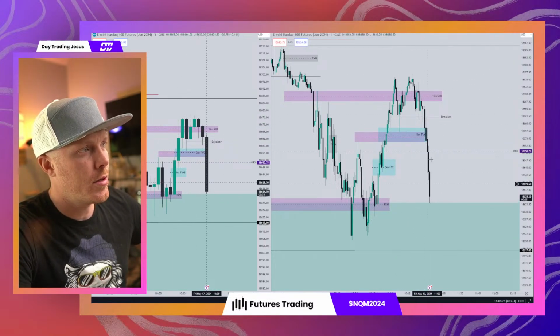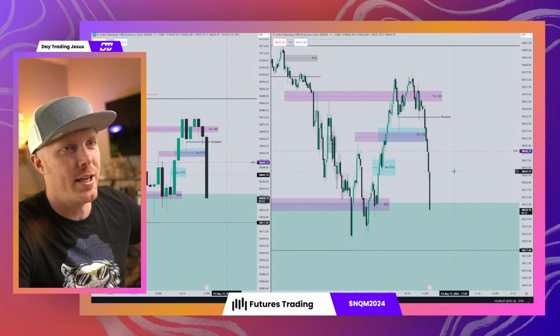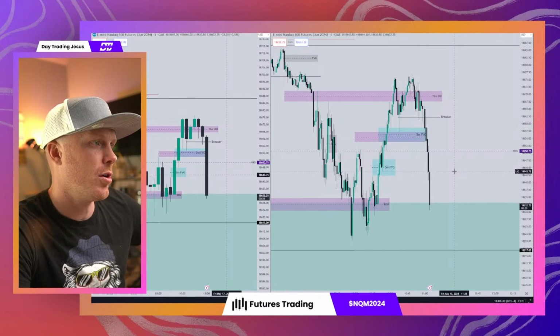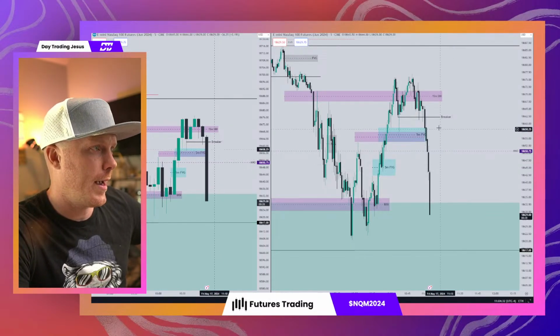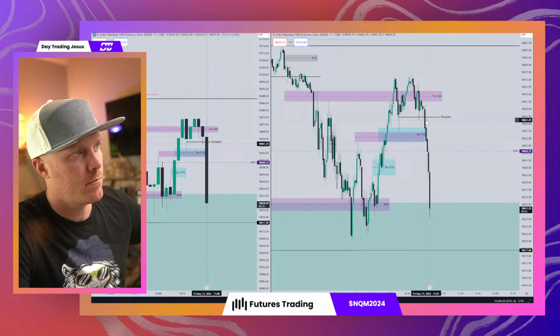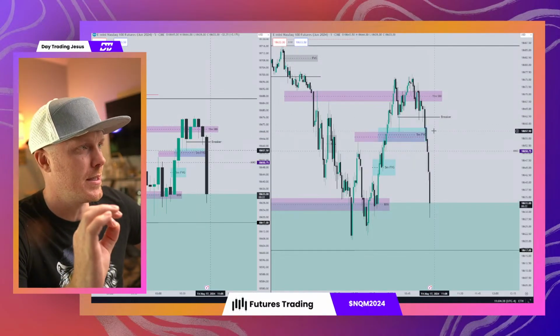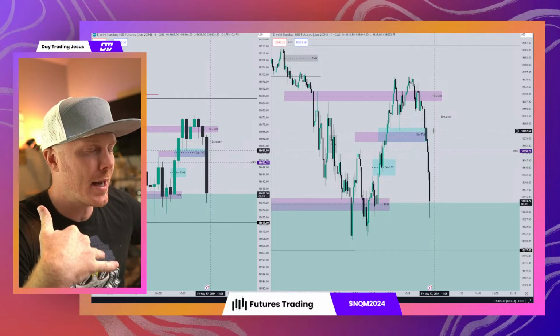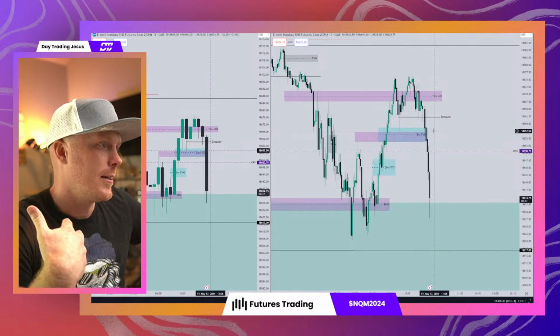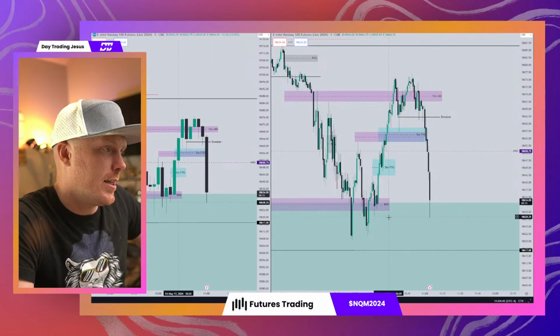It can go either direction. It's just here to grab your stops and take your money, and that's why I'm so slow at wanting to get in. I lay out what I want to see happen very specifically, and if it doesn't happen, I'm not going to participate in it because I can't trust it.